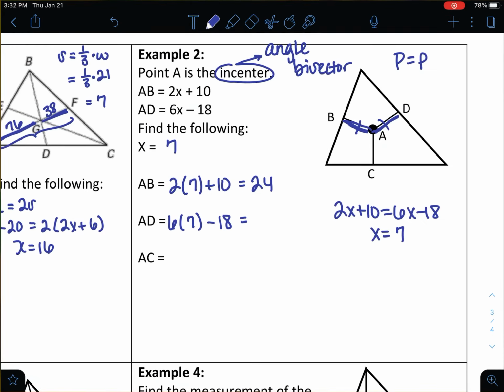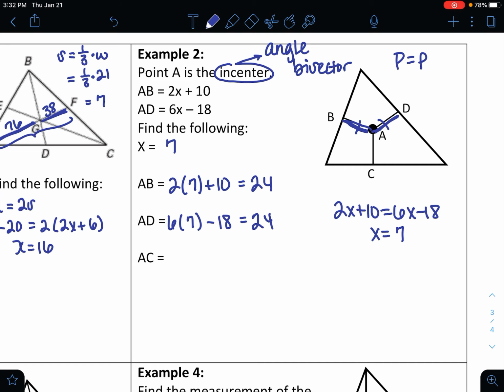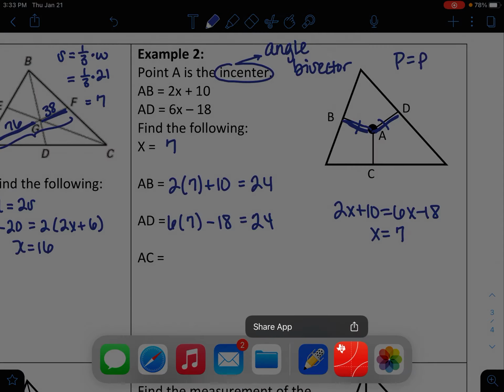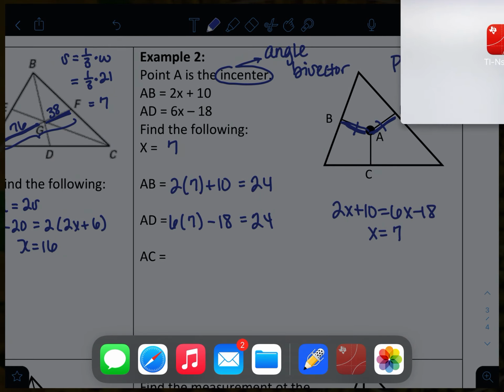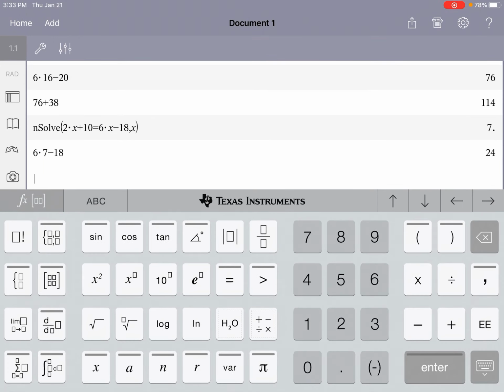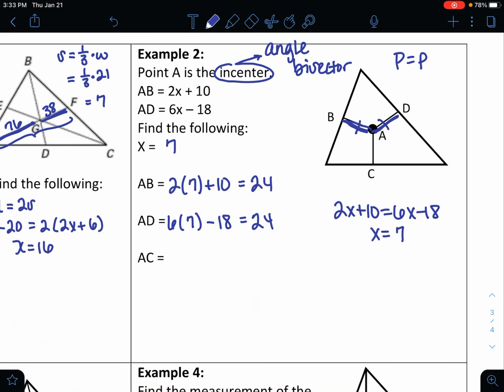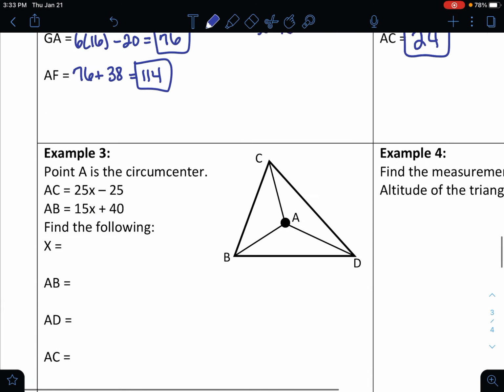That'll be 24. All right, and then to find AC, it's right here, and it's going to be the same thing. So it's still 24. So there you go.